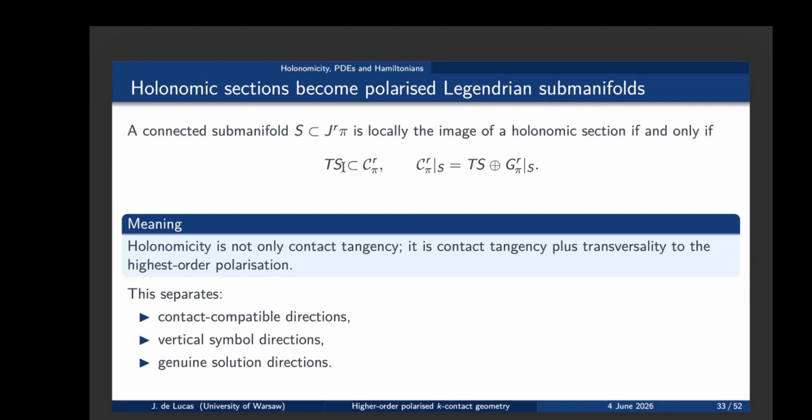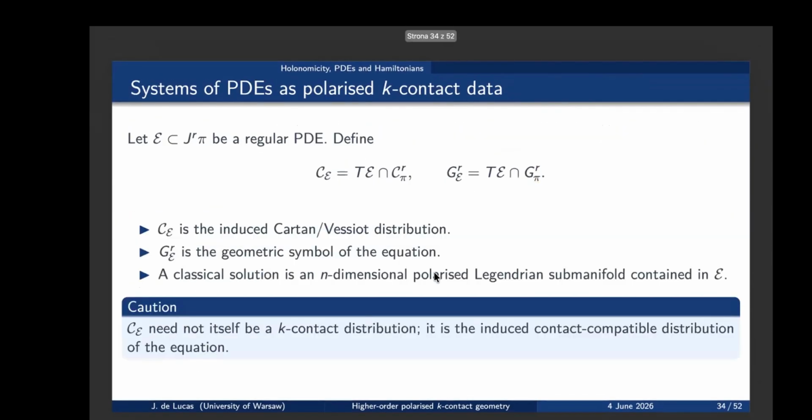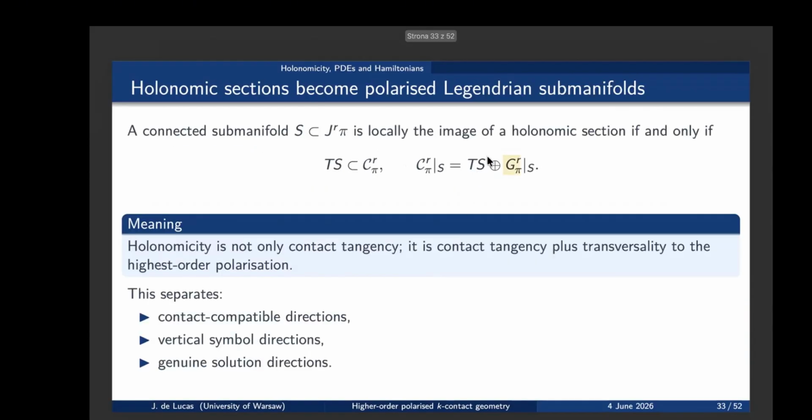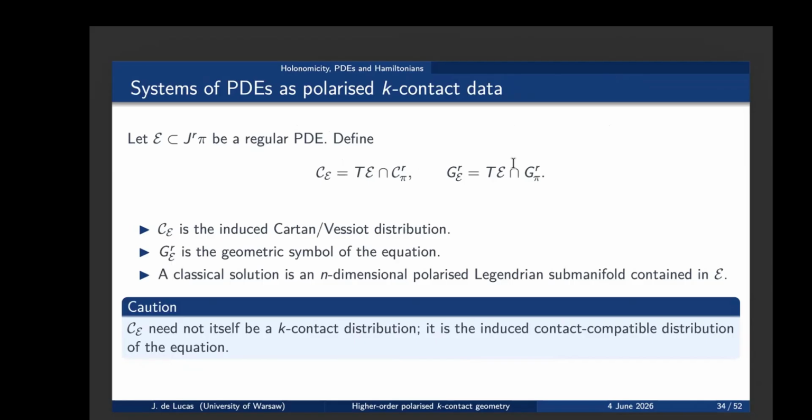They are submanifolds contained in the Cartan distribution, and they are a complement to the vertical tower. In K-contact geometry, they are understood as submanifolds that are Legendrian, and they give a complement to the polarization. This is the idea.